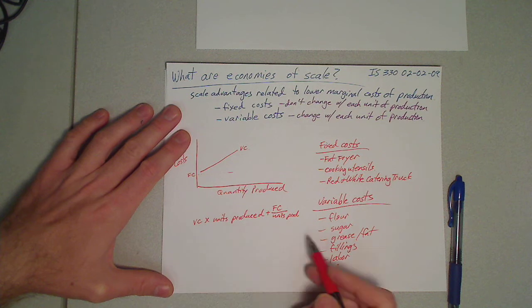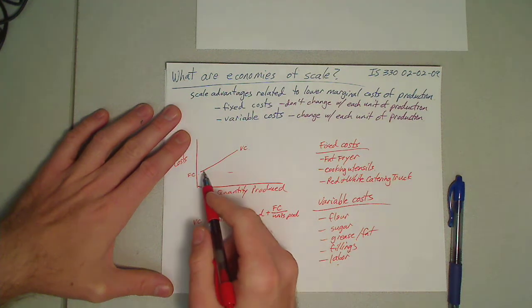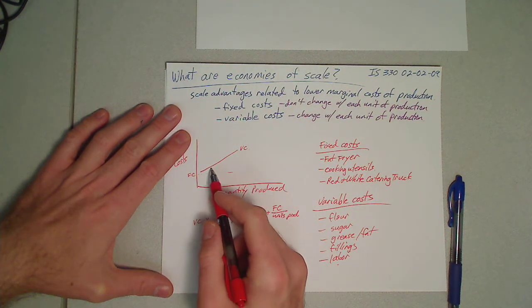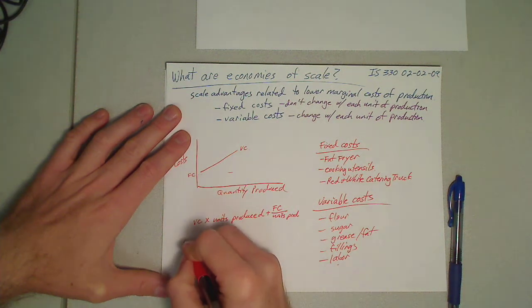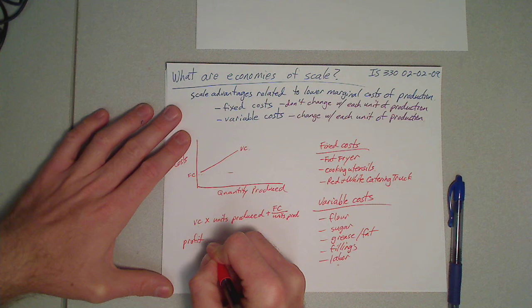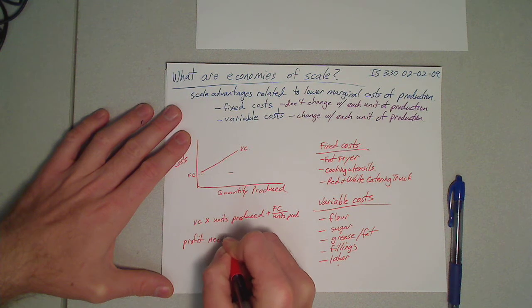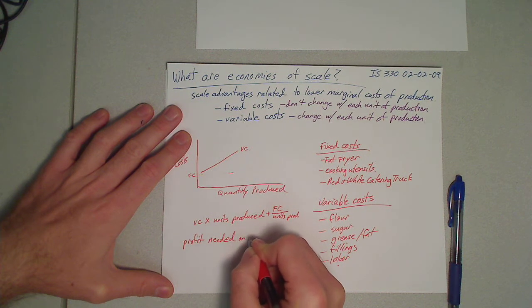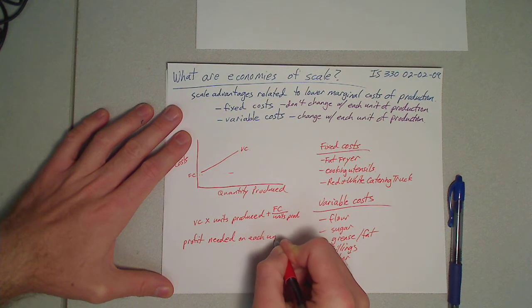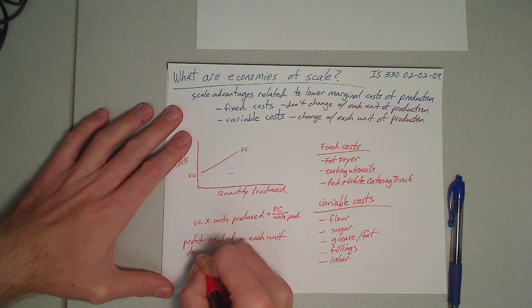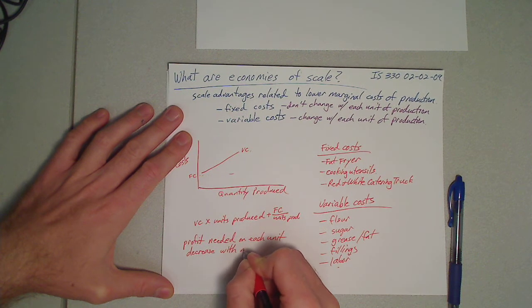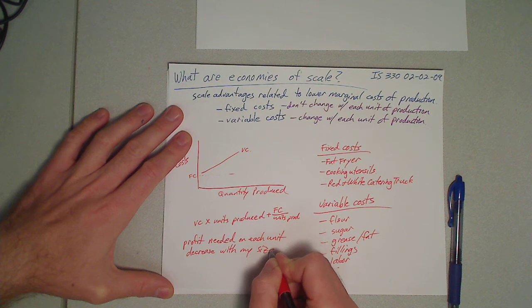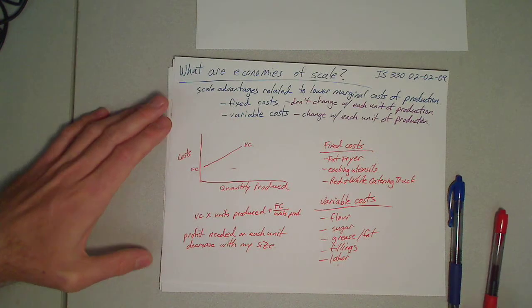But if I sell 1,000,000 malasadas, then those fixed costs can get divided over those individual units, so that the profit I have to make on each unit decreases with my size. Those are my economies of scale.